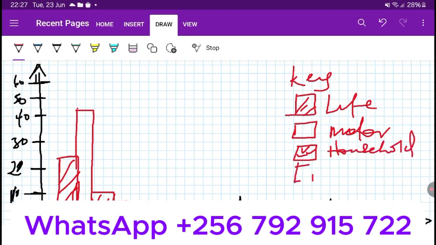And then the one I've shaded with X, let it represent others. Then you plot. You skip 1, then of course the whole of this is representing 1 year.